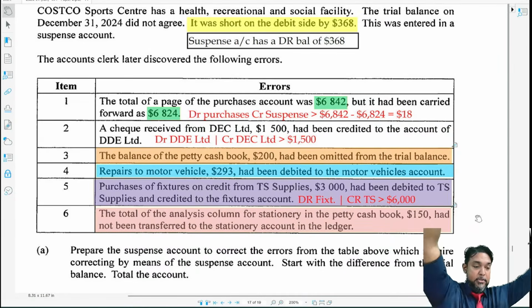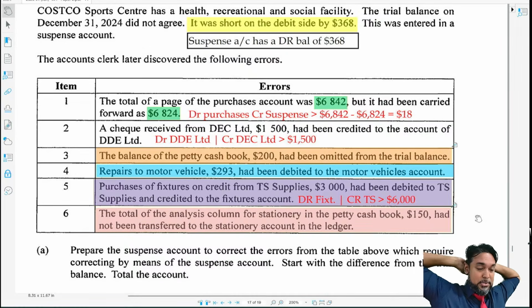Right? Okay, let's talk about this kind of pinkish one down here. So the total of the analysis column for stationery in the petty cash book, 150, had not been transferred to the stationery account in the ledger. Okay, so what that means is that stationery is an expense. The figure for 150, they didn't send it to the account. So it means that they didn't put enough in the account. The stationery account was therefore understated, right? So in this case, this is something that would affect the trial balance.